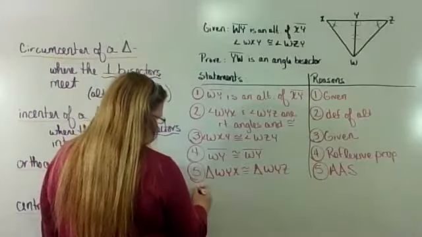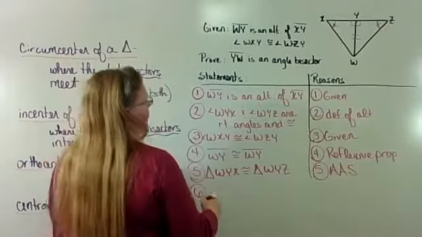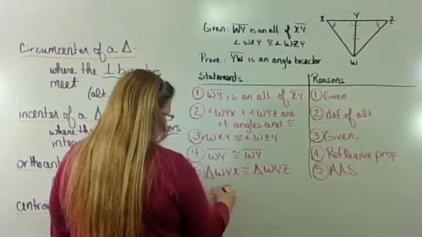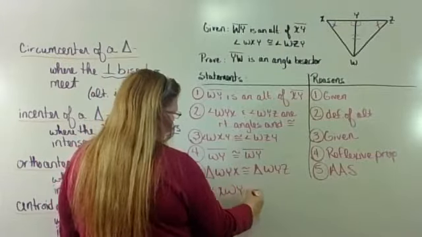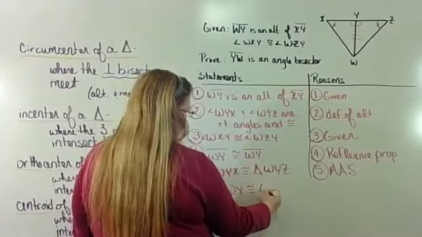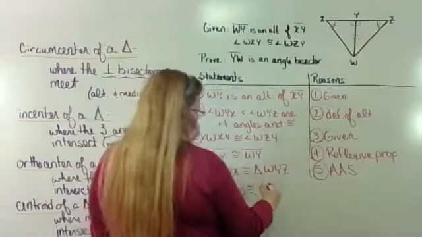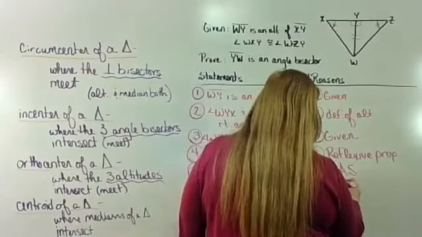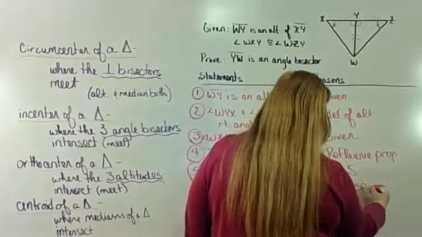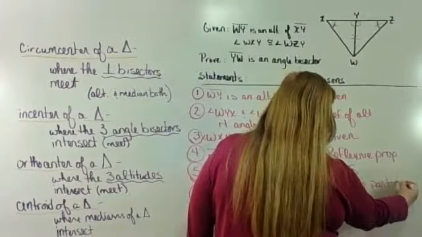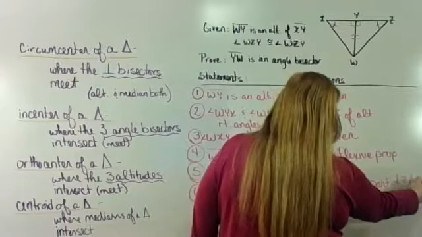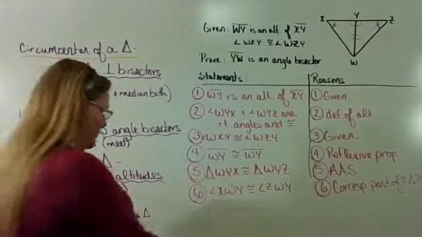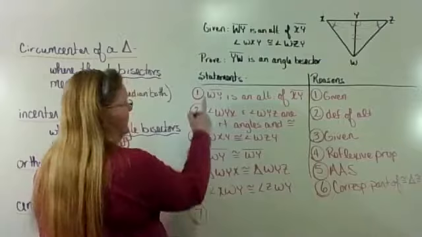And then that allows me to say that angle XWY is congruent to angle ZWY because of corresponding parts of congruent triangles are congruent, which leads me to number 7, which is what they asked for.